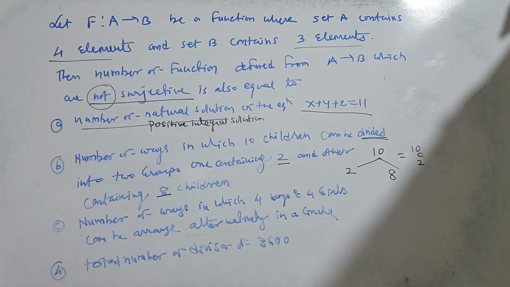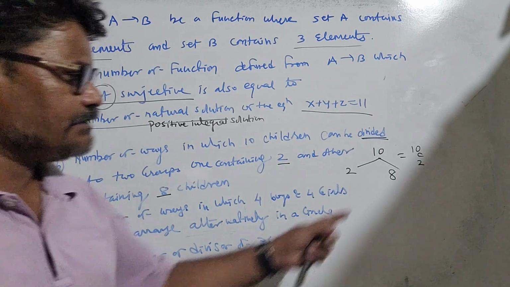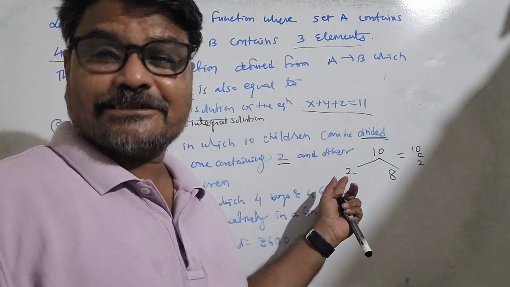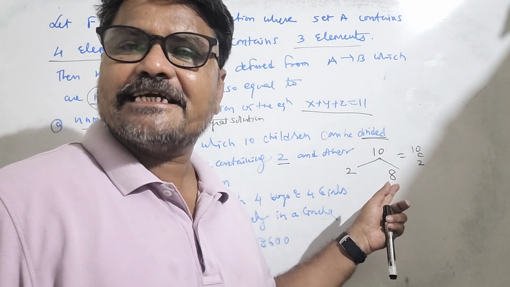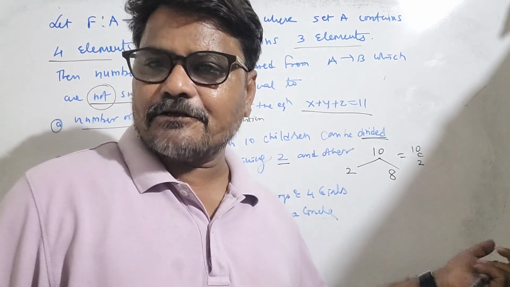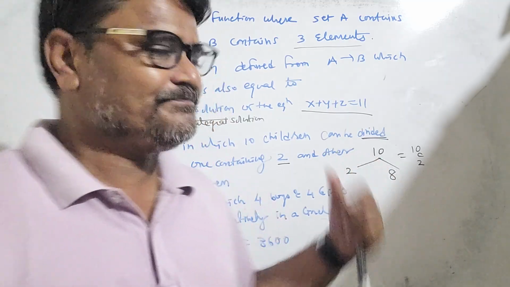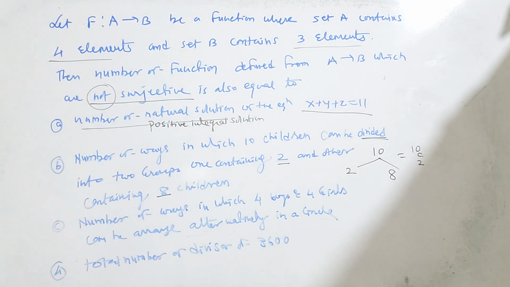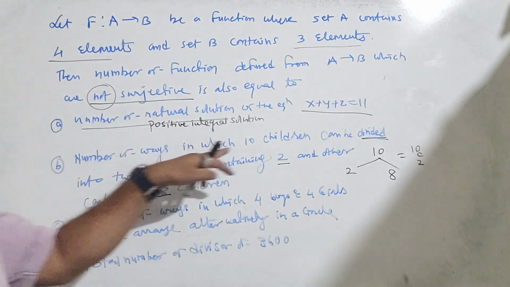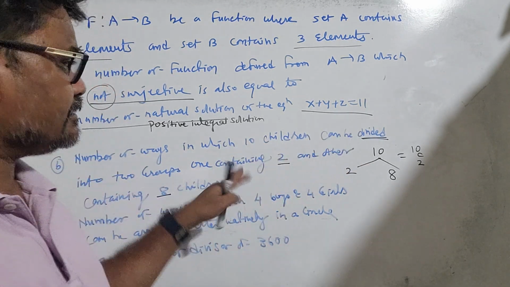This is simple, 10C2. Because you have given 2 to this group, then automatically the remaining 8 will go into the second group, correct? Only division they are asking, not distribution, correct? Fine. So this is 10C2.